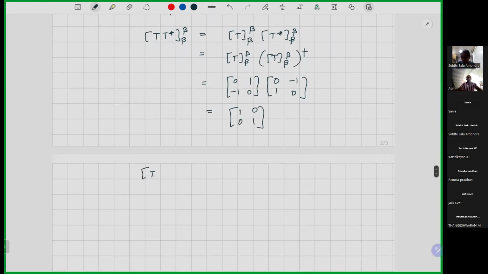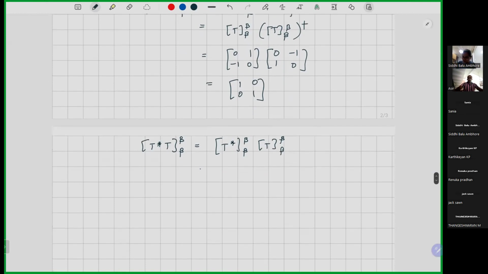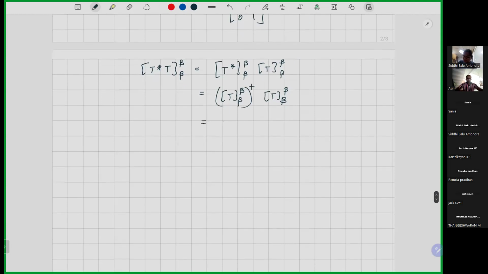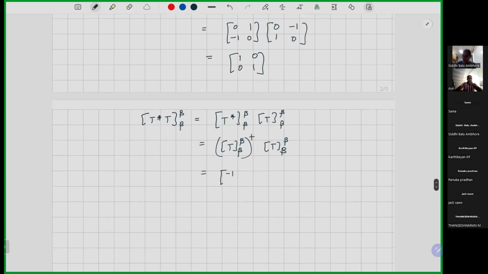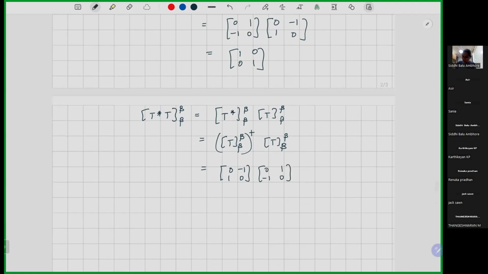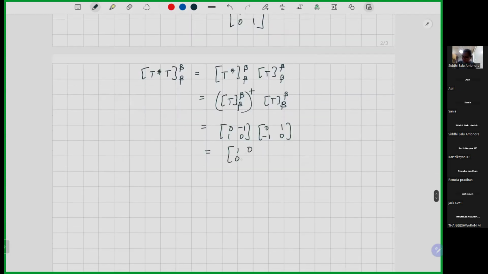Okay, and if I take T star T beta to beta, then it will be again T star beta to beta and T beta to beta, the conjugate transpose of T beta beta. And since T beta beta is again real, it will be 0 minus 1, 1 0 and 0 minus 1, 1 0. If you calculate this, this will again be an identity matrix.